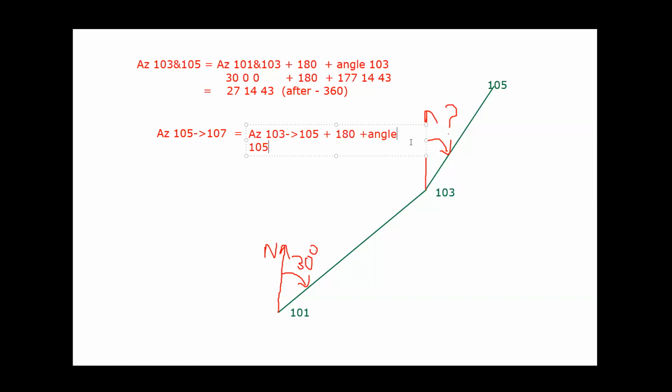Let me get some space here. Okay, angle 105. So now we substitute our numbers that equal 27, 14, 43 plus 180 plus the angle 105, which is, according to what I have here, making sure, 77, 13, 44, and then you do the math.